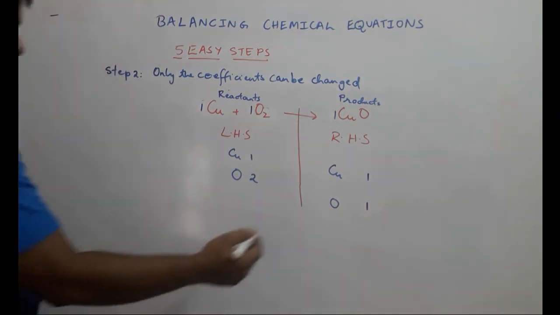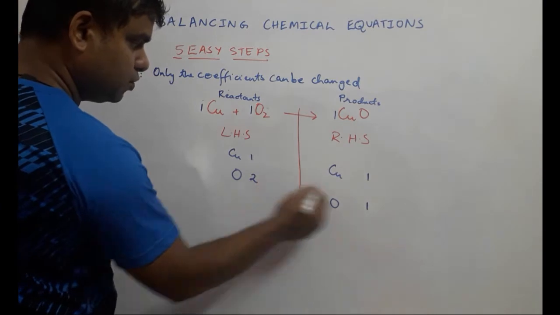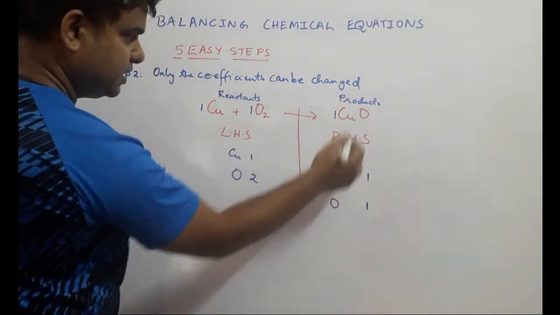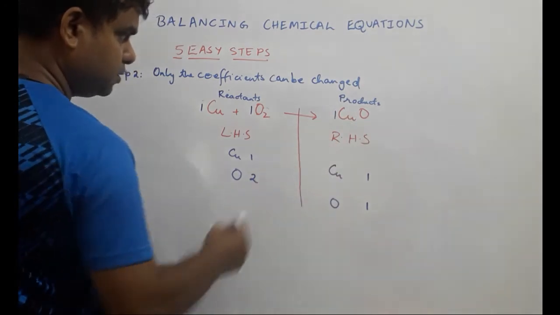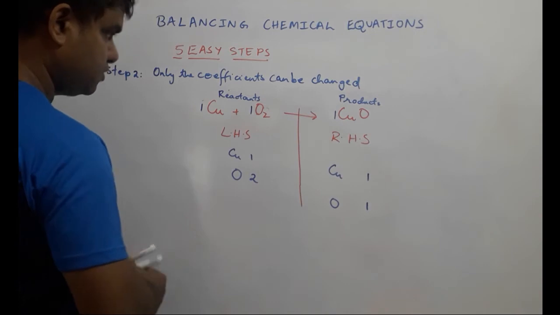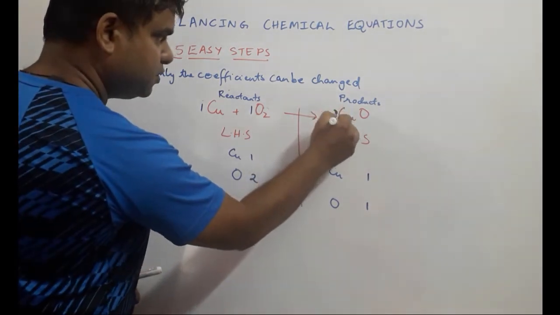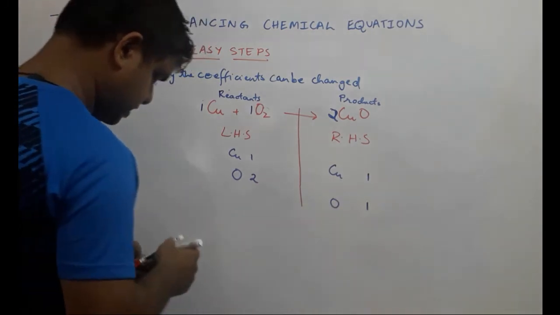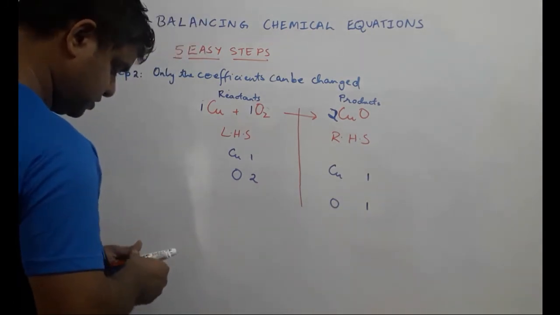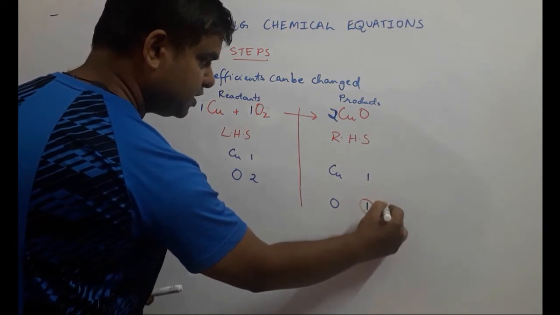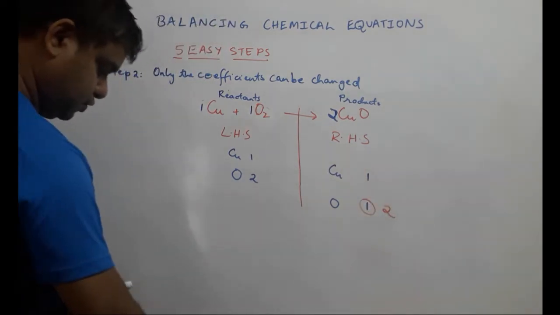If we need 2 there, we need to multiply by 2, which means on the right hand side we need 2 of oxygen. So we put this as 2, and we circle it to show that we have changed it. Now it becomes 2.